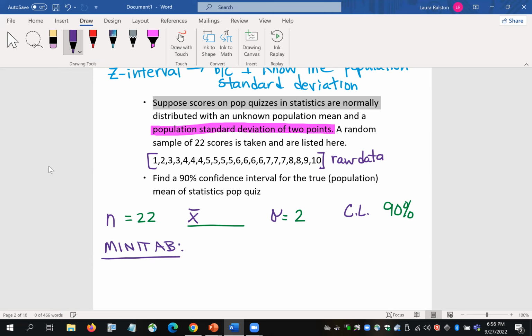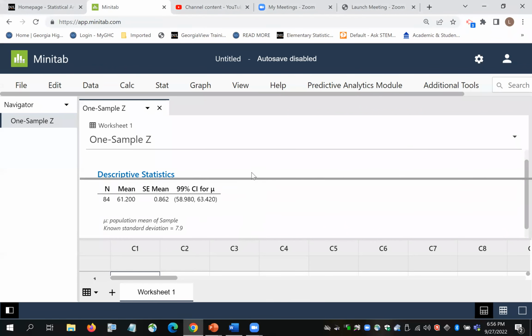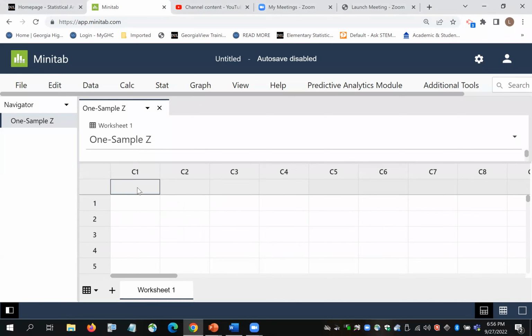And I have a little bit extra work to do because I have to enter the raw data into Minitab. So in column 1, I'm going to put the statistics pop quiz scores. Okay, so I have written those down.